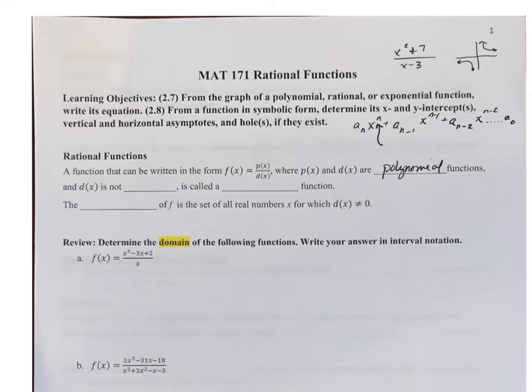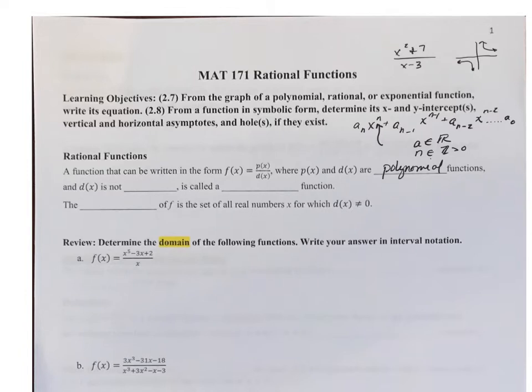So if I had like 7x to the 43rd power, then that would be a polynomial to the 43rd power. We know that the leading coefficients have to be real numbers. So a is an element of the real numbers, is how we write that. And we know that n has to be an element of the integers, and it must be greater than 0. So whatever that leading degree is, whatever that power is, it's an integer and it's greater than 0.